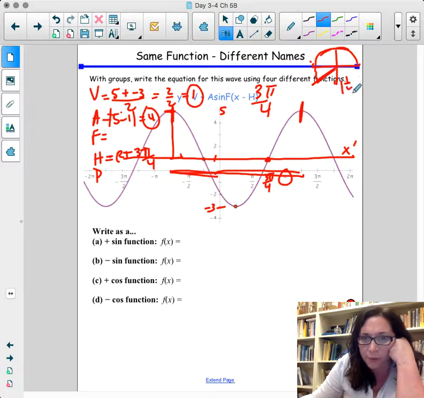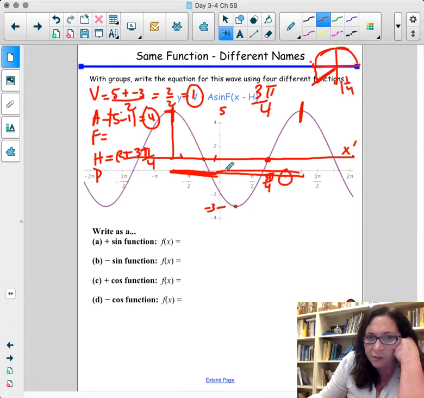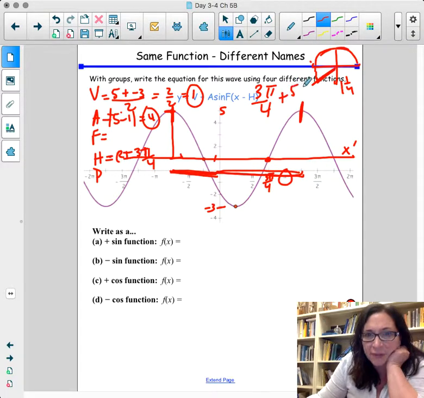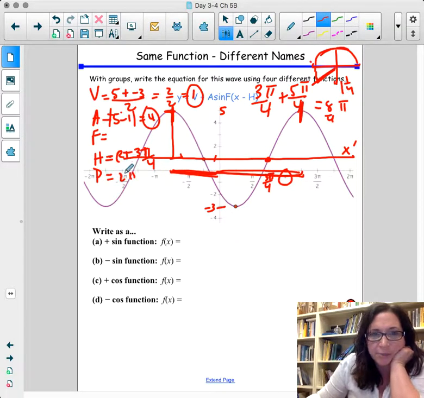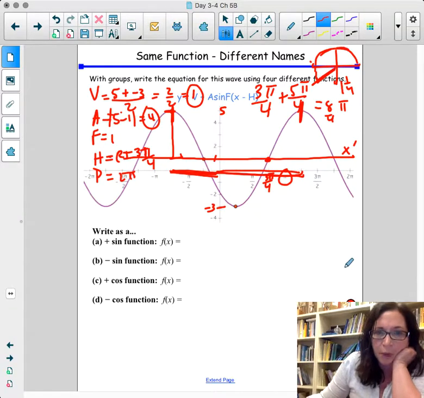Well, 1 and 1/4 is 5/4. So the distance from here to here is 3/4. The distance from here to here is 1 and 1/4, so plus 5/4 pi. So that's 8/4 pi. 8/4 pi is 2 pi. So that means my period's 2 pi, which means that my frequency is just 1.